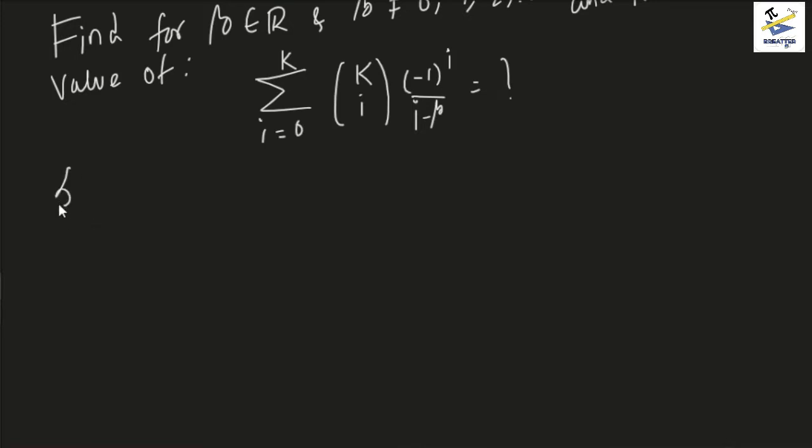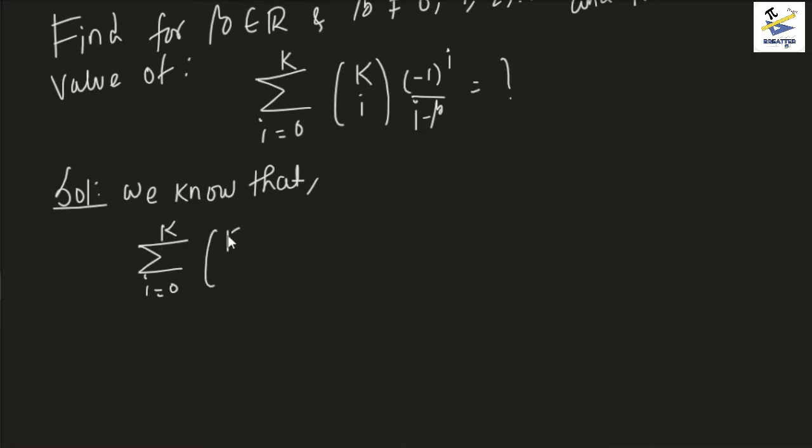Firstly, we know that this is our basic identity, and we need to proceed from here to find the required value which we have already stated above.